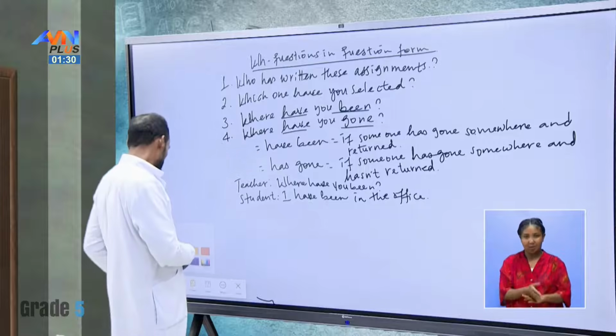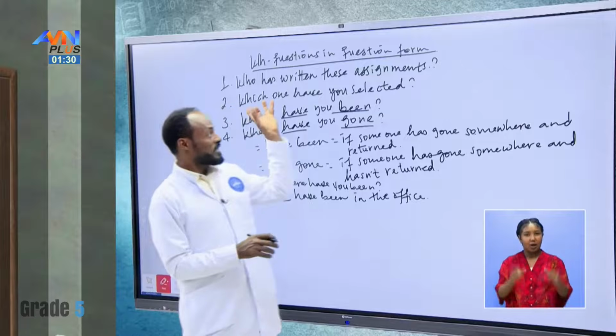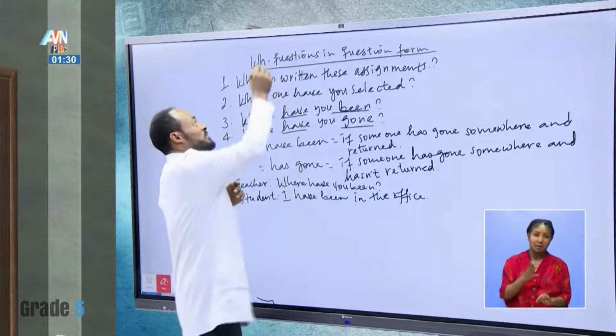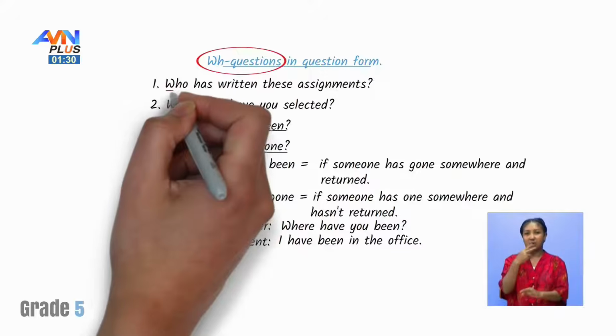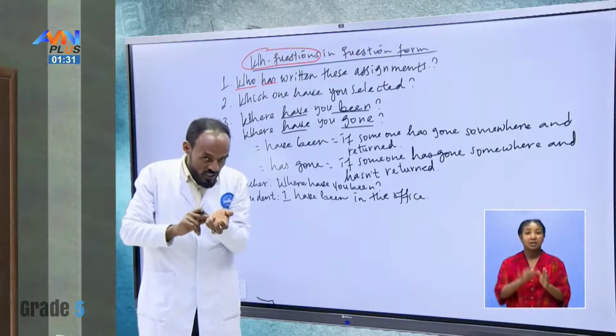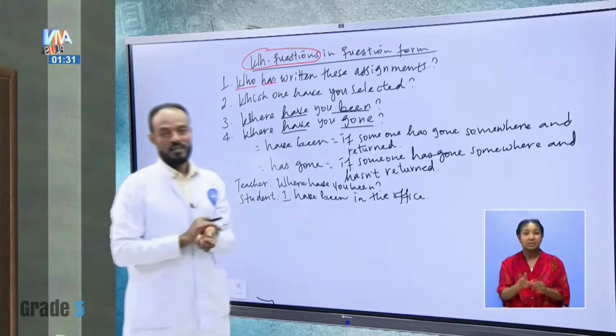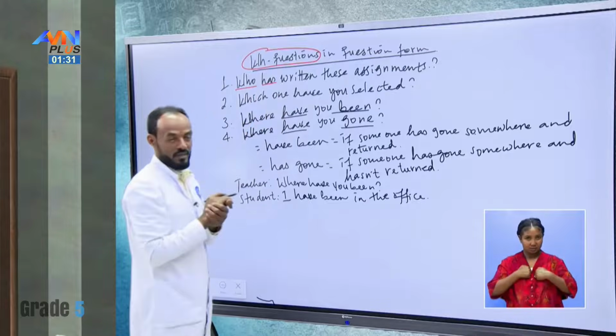Now, let's identify the form if you're using WH questions in such kinds of expressions. Here, who has. This means WH question, then plus what? Has or have.